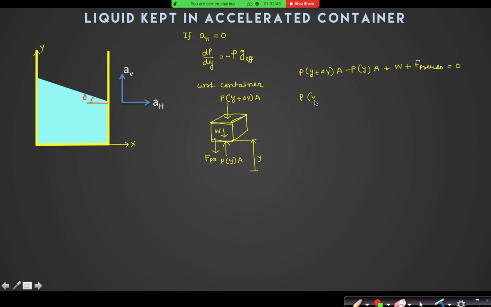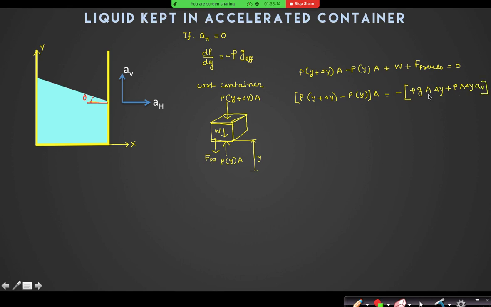So P of y plus delta y minus P of y, into A, is equal to minus of the weight, which is rho g into A into delta y, and the pseudo force, which is mass, that is density into area into delta y, into aV.